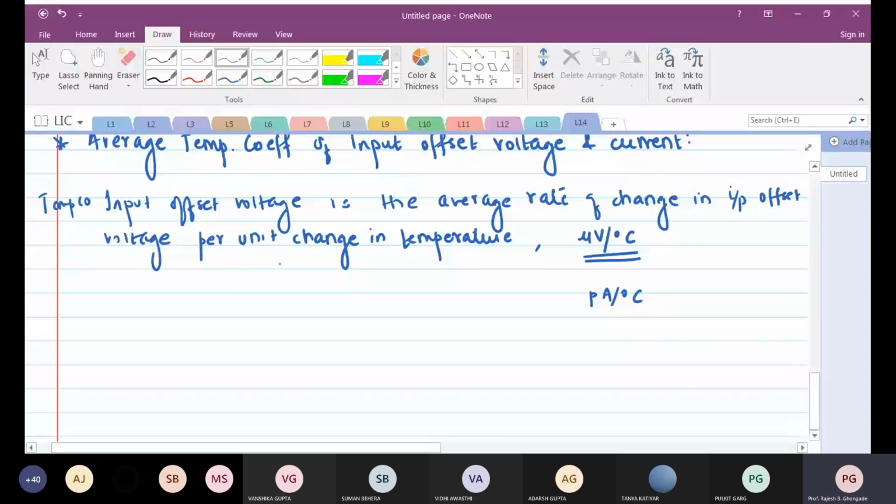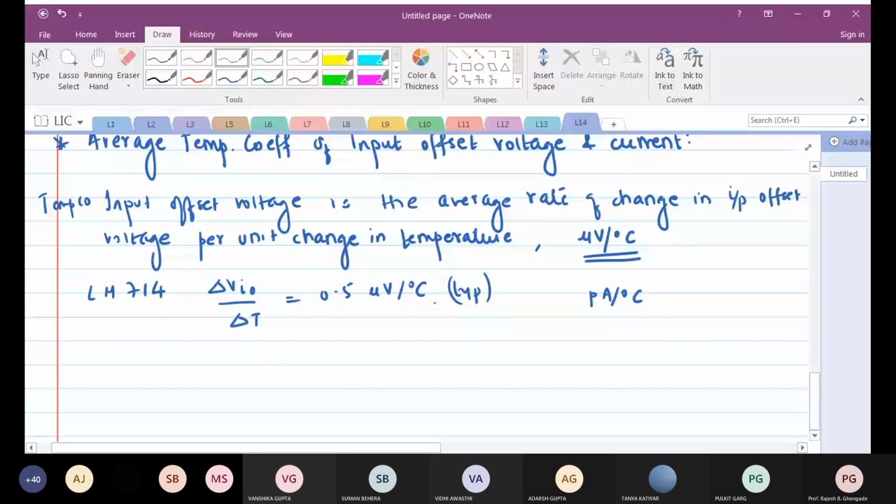Now generally these parameters are specified for what are called instrumentation amplifiers or precision amplifiers only. You will not find that for general purpose amplifiers. Now there is a precision amplifier called LM714, and the average temperature coefficient, that is delta VIO by delta T, is 0.5 microvolt per degree Celsius typically.